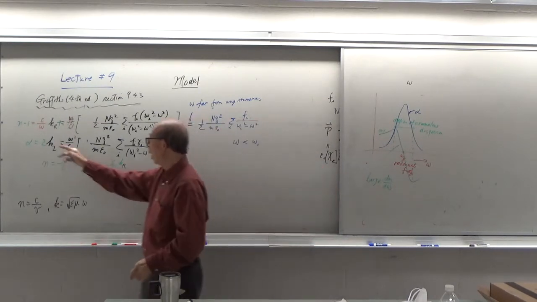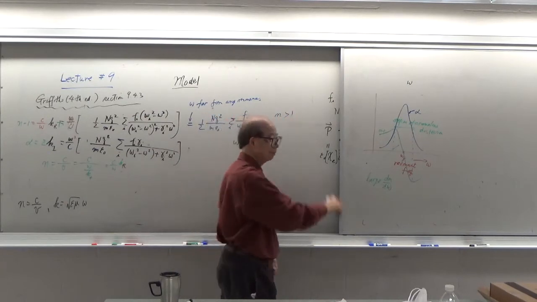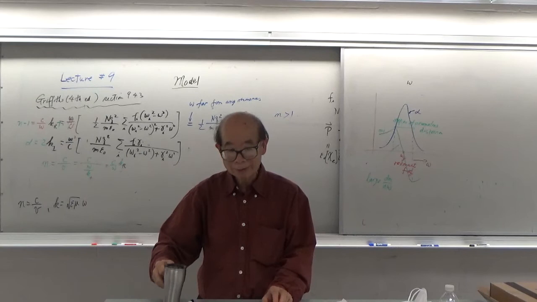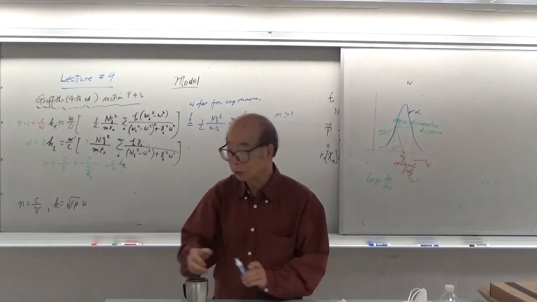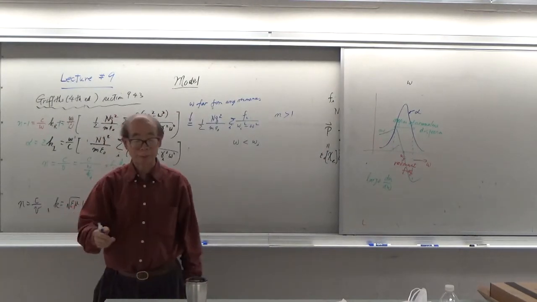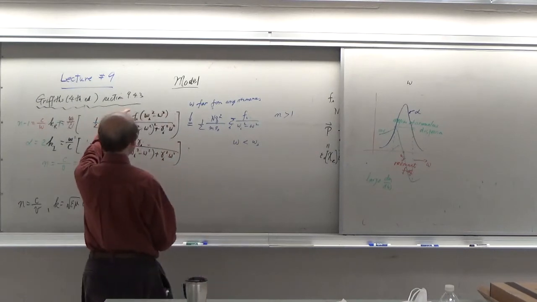So n minus 1 is positive, so n is greater than 1, as I said. All right? So much for this discussion on the propagation of electromagnetic waves inside a dielectric medium.